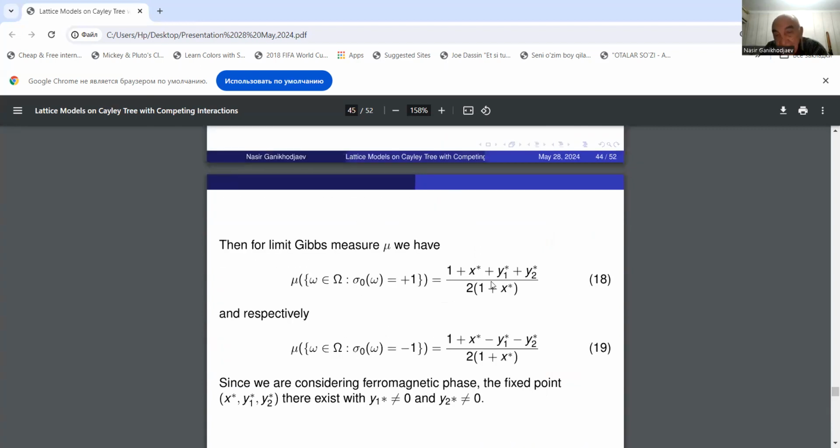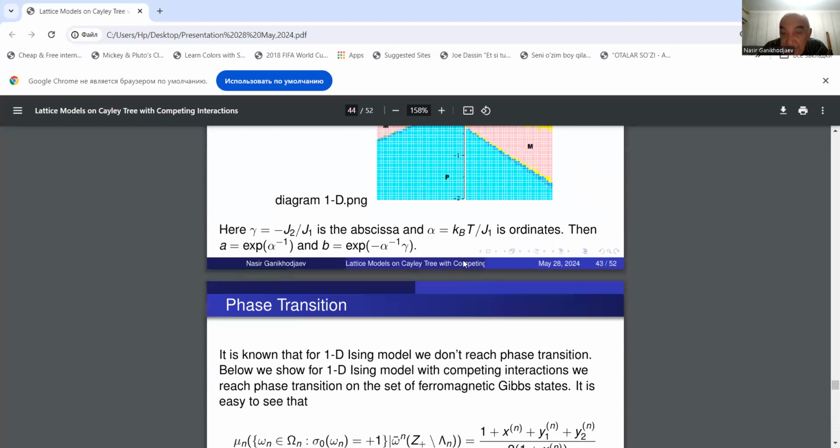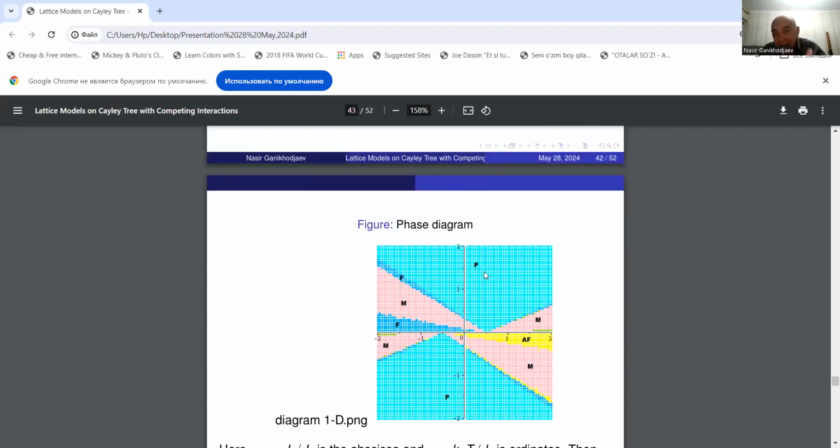For some boundary configuration we will have a paramagnetic phase, but if I consider the limit Gibbs measure, it may have different values for the same one-dimensional or two-dimensional cylinder sets.